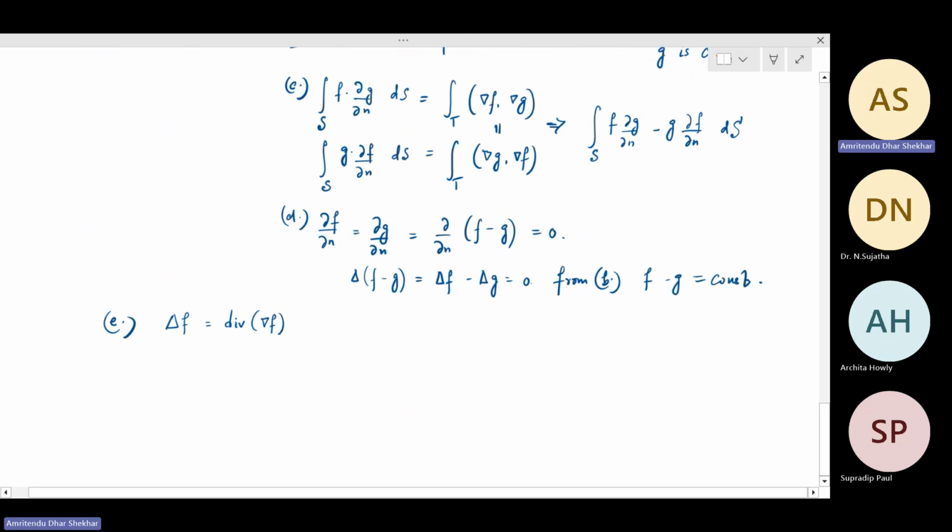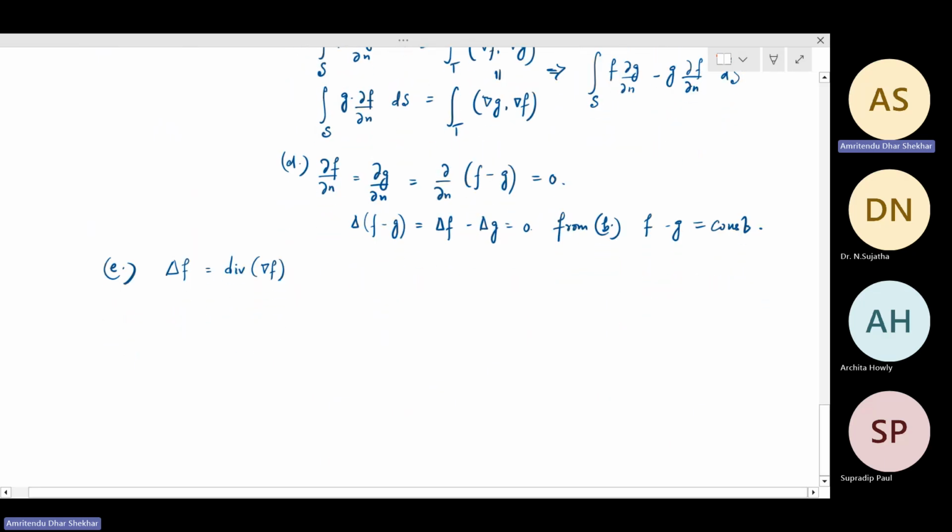So now, what the divergence theorem tells me is that the integration over the volume T of divergence of grad of f is equal to the integration over S of grad of f times the unit normal vector ds, which is just del f upon del n.